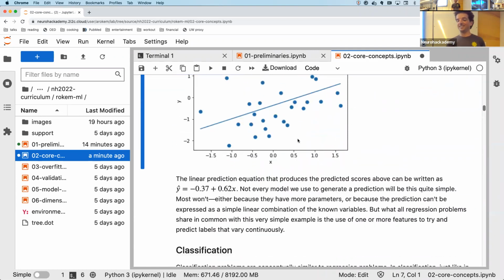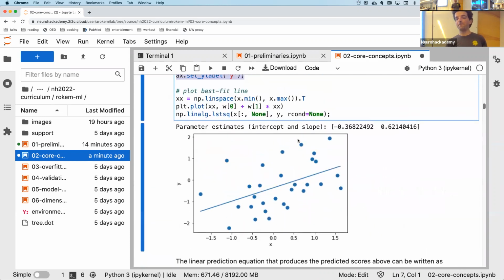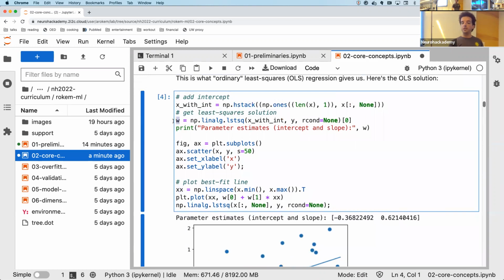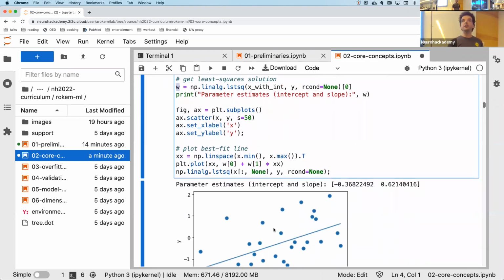Can you explain the last code? Yes. Here we fit the parameters. And here, in order to generate this line, we run the model forward on a bunch of X values. We generate here with linspace, which by default I believe creates 50 values from X min to X max, spanning the range of X values.